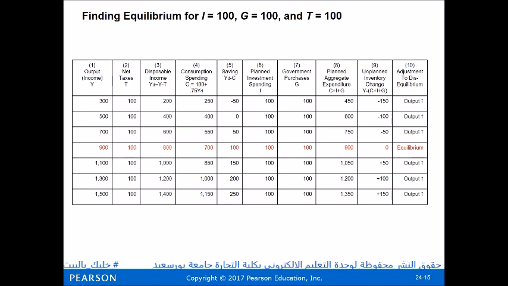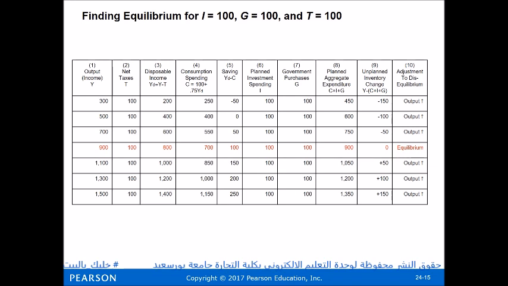We can do the same thing and calculate the second value in column 8 by adding up the values of C, I, and G. So the value of consumption is 400, to be added to the value of investment, which is 100, to the value of G, which is also 100.